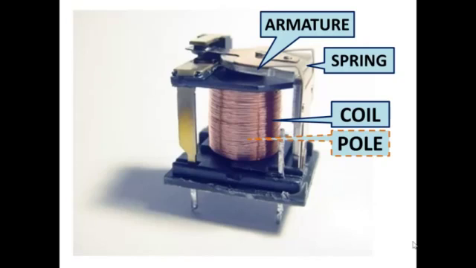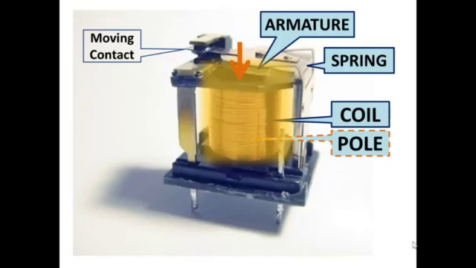Attached to the armature, as you see, the armature is suspended on a spring, and on the opposite side of the armature from the spring you have a moving contact. The moving contact travel is restricted in each direction by stationary contacts. When current flows through the coil, the armature is drawn to the pole piece of the coil against the tension of the spring.